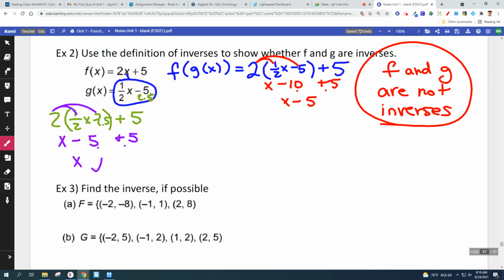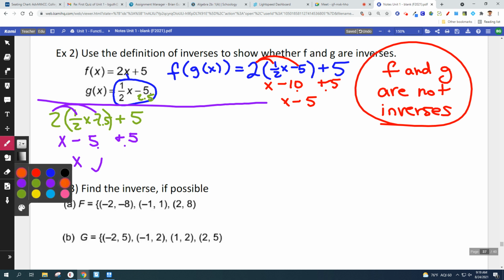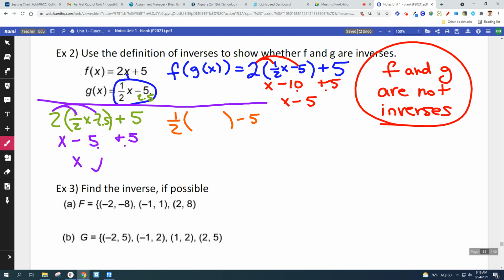But in order to really show that they were inverses, you would also have to come back through and plug it in the other way and make sure that works. So the other way, we'd have to say, well, g is the function that says 1/2 of something minus 5, and we would plug in 2x plus 5. Oh wait, I changed it. I changed the g function to say 1/2 x minus 2.5.